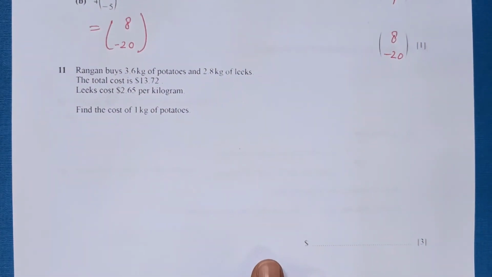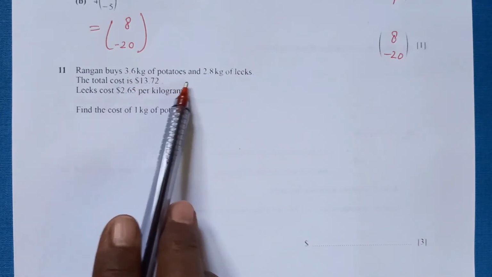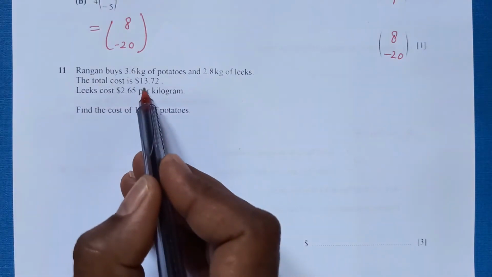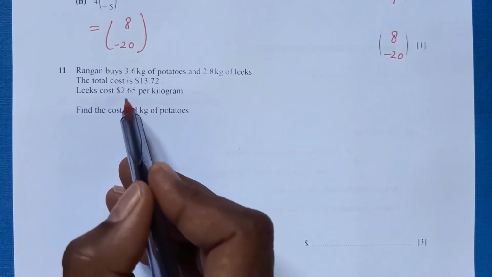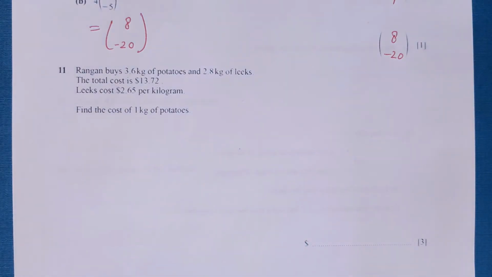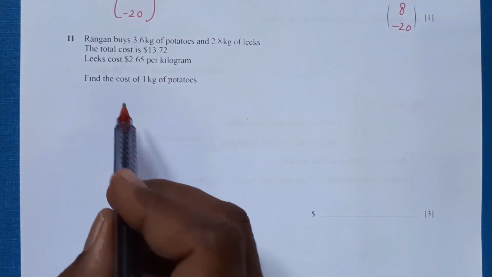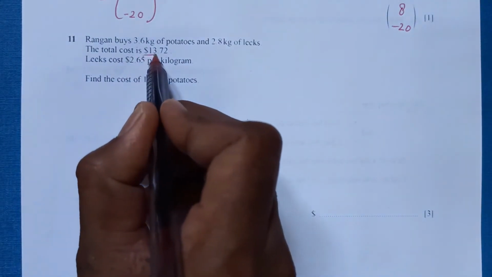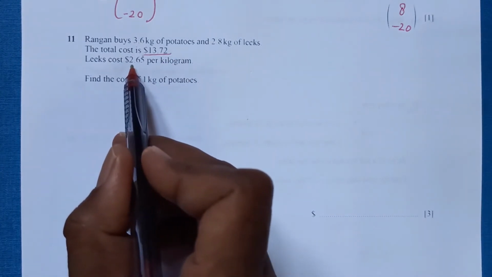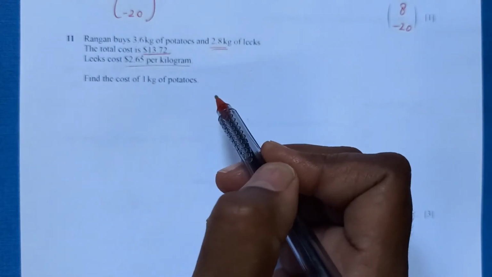Question 11. Rangan buys 3.6 kg of potato and 2.8 kg of leeks. The total cost is $13.72. Leeks cost 2.65 per kilogram. Find the cost of 1 kilogram of potatoes. Let's start. We are given the total cost is 13.72 and the leeks cost 2.65 per kilogram. So total is 2.8 kg.